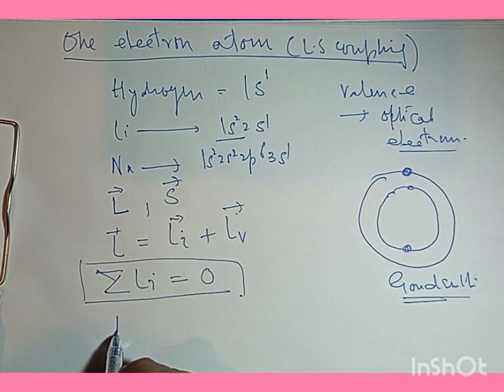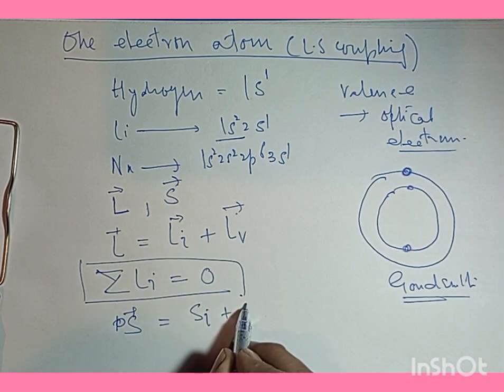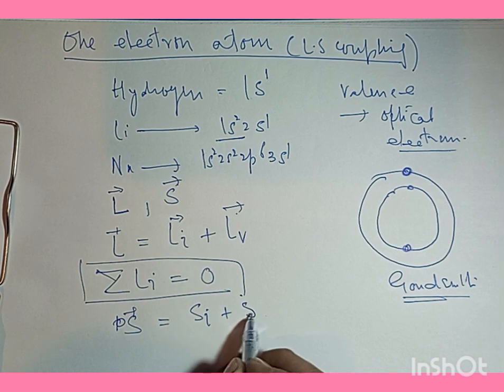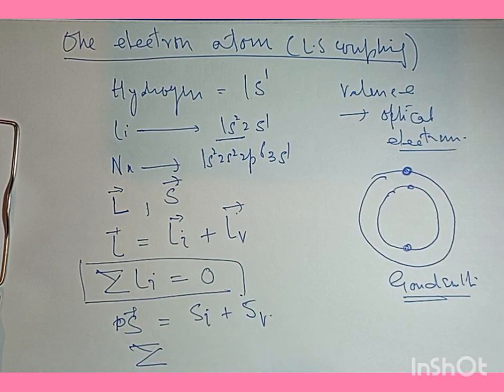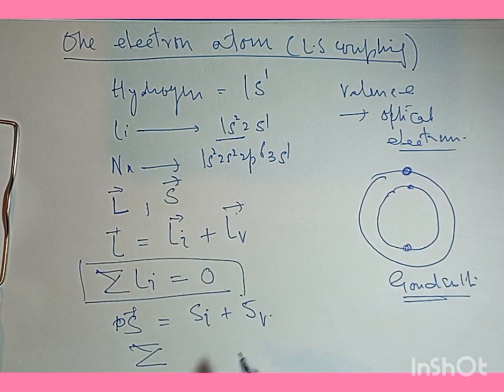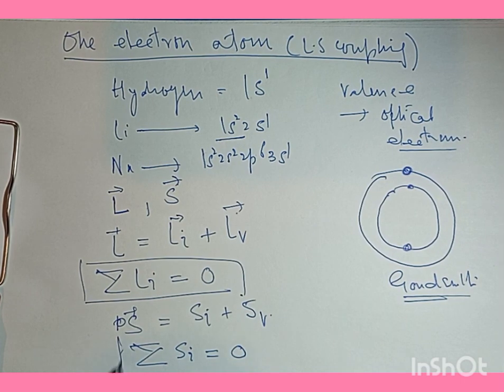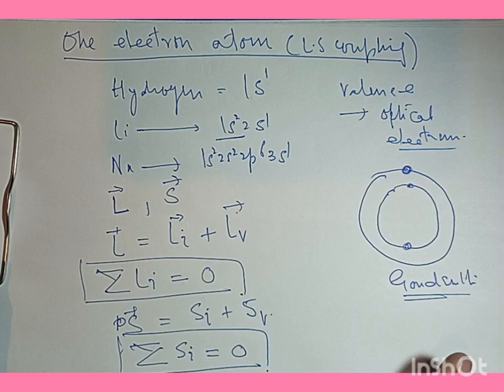And the same is the case with the spin angular momentum, sigma Si plus Sv. So the vector sum of the spin angular momenta of all the inner electrons, where the octets are completely filled, is 0.